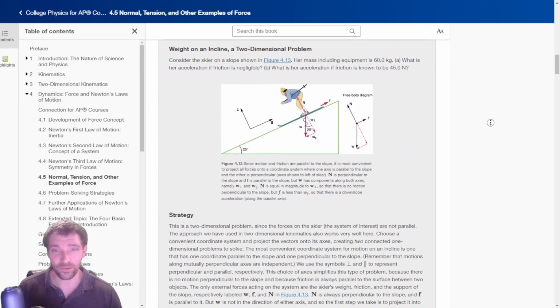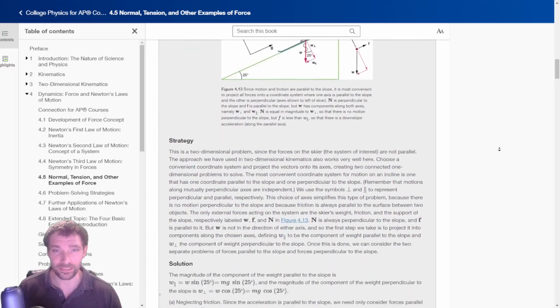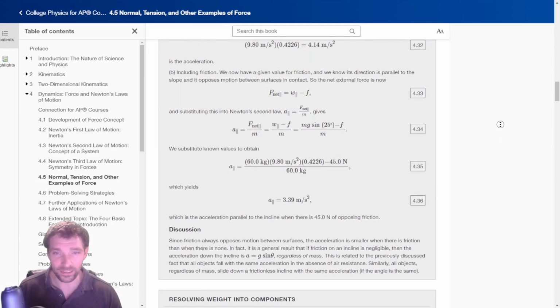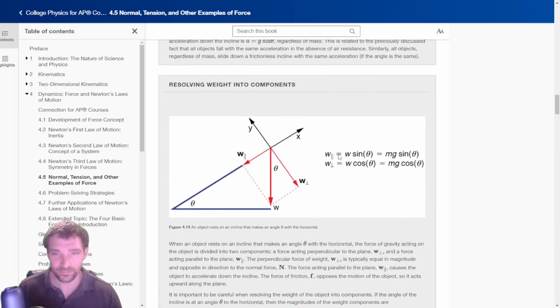And then there's also things that they'll do where they tell you, oh, you've got the weight parallel, weight perpendicular, which is equal to some trig function, which is this m times g, which is very confusing to me because sometimes these can be going in positive directions.